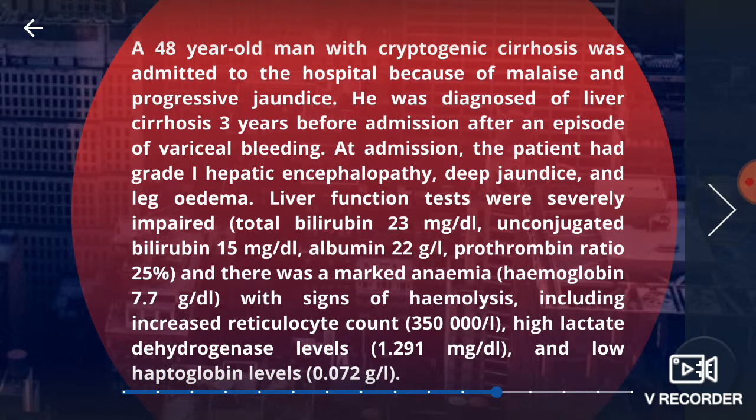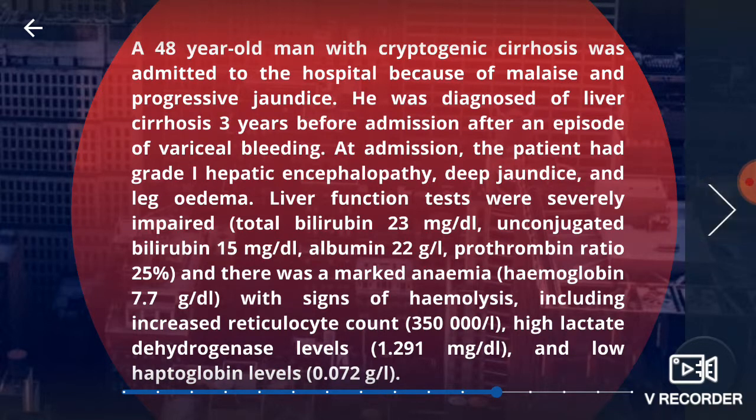Total bilirubin 23 milligrams, unconjugated bilirubin 15 milligrams, albumin 22 grams, prothrombin ratio 25%, and there was a marked anemia.